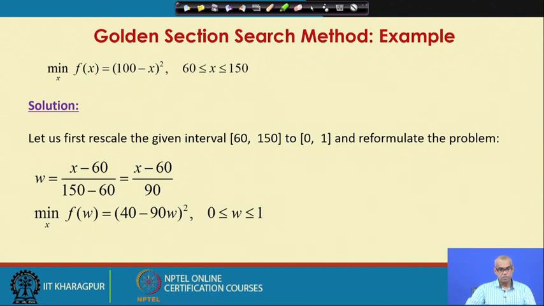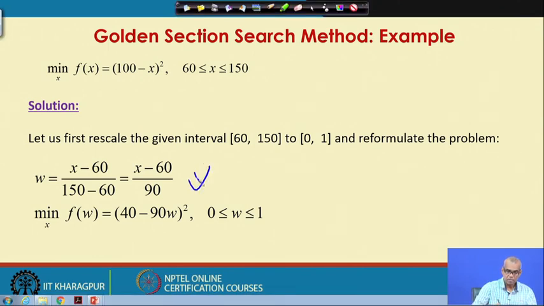We have to first rescale the given interval 60 to 150 to 0 to 1, and this can be done by (x minus a) by (b minus a). So, w equal to (x minus 60) by 90.